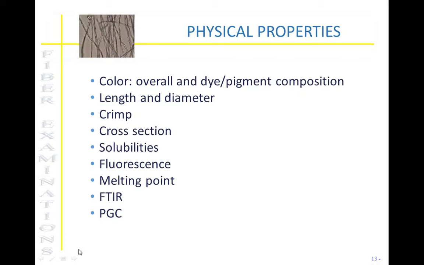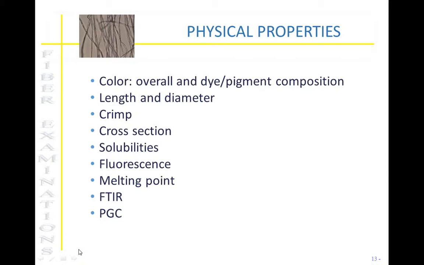The analyst can determine if it's a dye that's present, if it's colored, or is it a pigment that's actually giving that color to the fabric. And then comparisons can be done for dye and pigment composition, because generally the color that you see is made up of several different components, not just one single dye or one single pigment.